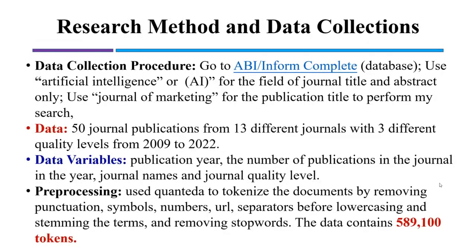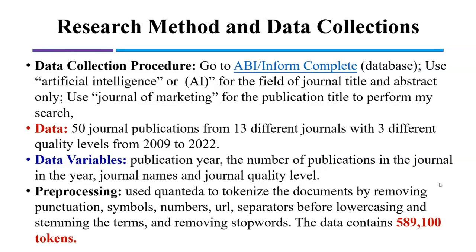Okay, so the way I collect the data is I go to our TAMIU's library and try to use AI or artificial intelligence as the topic for the field of search.